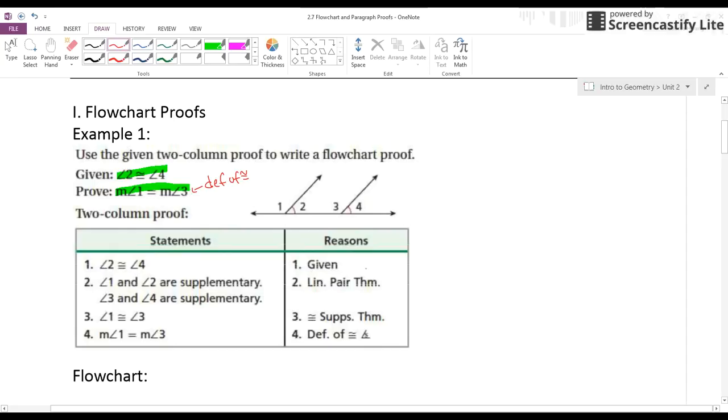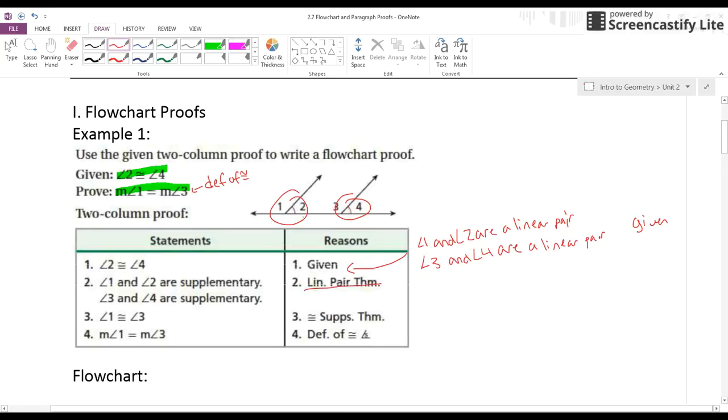I would even add that in here as part of this proof, as part of your givens, because it's given here in the diagram, right? But anyway, I would add that in. It's up to you if you would or not. I probably wouldn't take off any points as long as you have this linear pair theorem, which is super important.